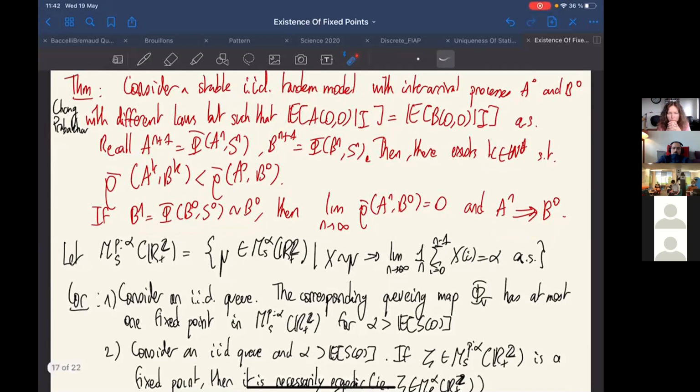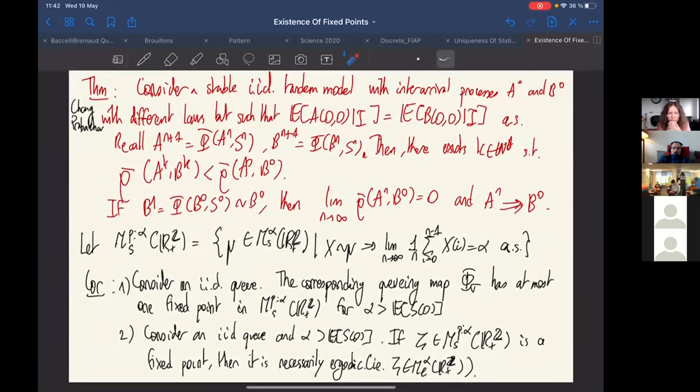A corollary is that if you consider the space of stationary measures of mean alpha that have a pathwise mean alpha, then under the stability condition there's at most one fixed point in this space.